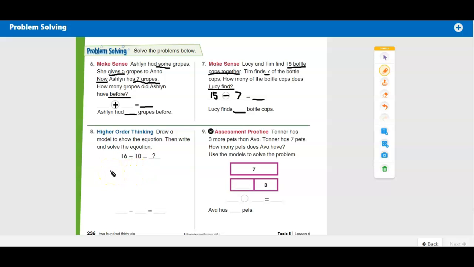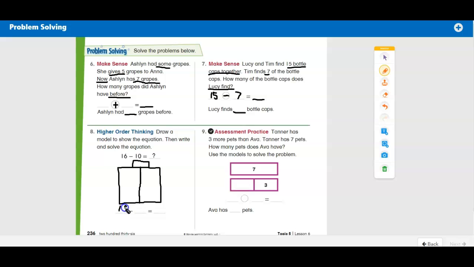To draw an example of a model, you can draw one that looks like a part-whole chart, where you draw a square, cut it in half, then write a total box, or you can draw a model like here on number 9. It's up to you. Then use our equation 16 minus 10 equals blank to fill in the model and solve our equation.